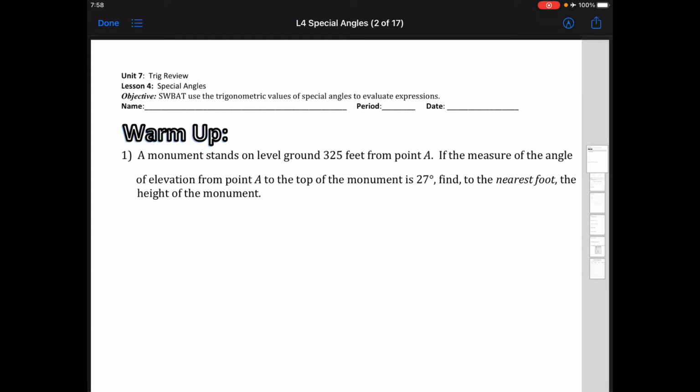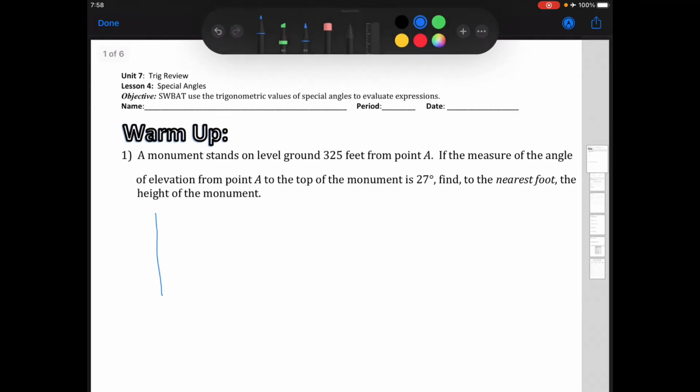So the warm-up says a monument stands on level ground 325 feet from point A. Monuments are usually straight, right? They can be drawn straight. So I have this point A and this distance is 325 feet.